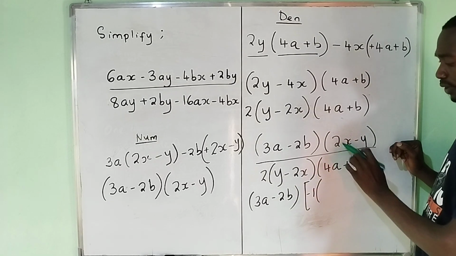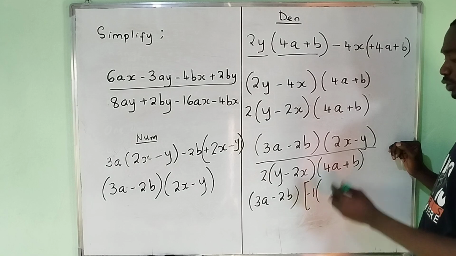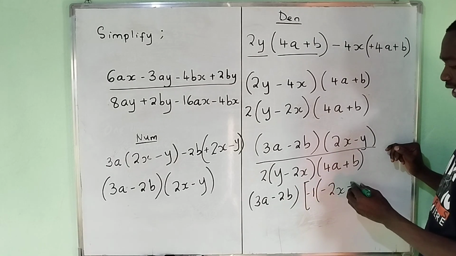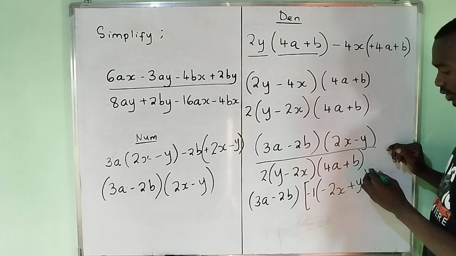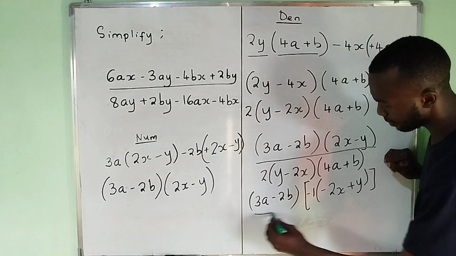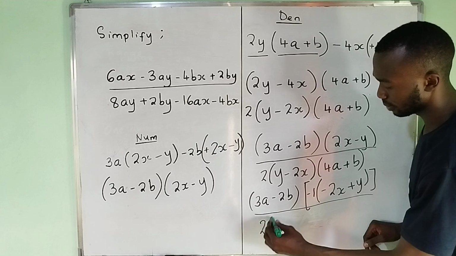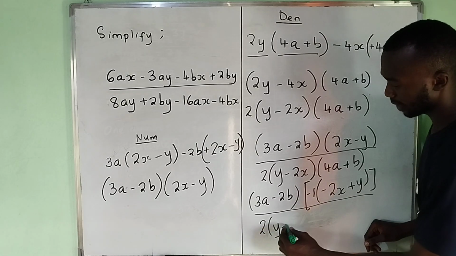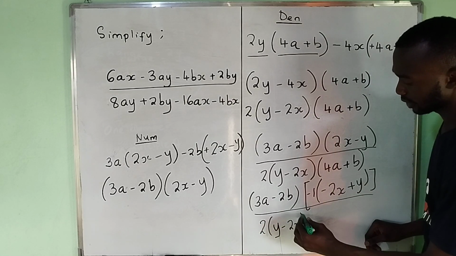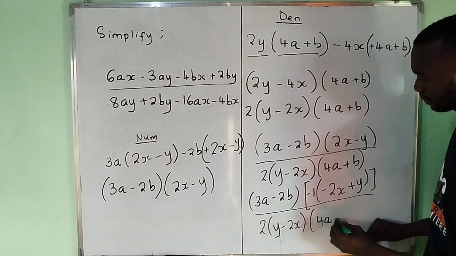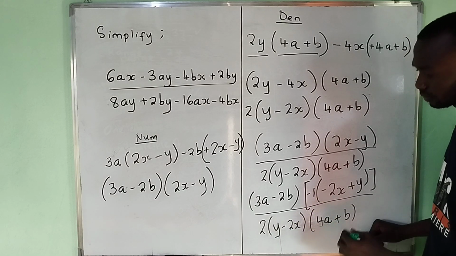When you take the negative outside, the sign before 2x will change to negative 2x, then plus y. Divided by 2 into bracket y minus 2x, close the bracket, into bracket 4a plus b.